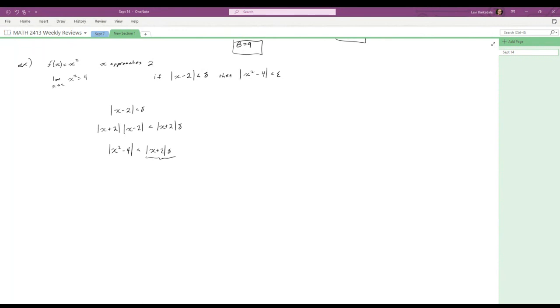For me, I'm basically going based on which side I think is going to be easier to turn into the other side. So I could have factored the right-hand side into x plus 2 and x minus 2 and had that be smaller than epsilon. But then I still am left with the same problem of, oh, I've got an x plus 2.